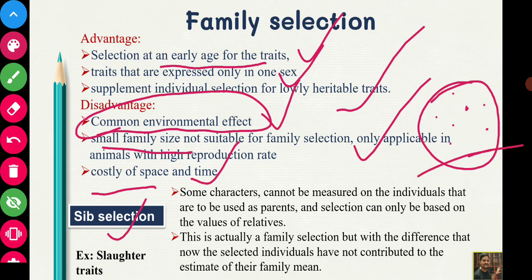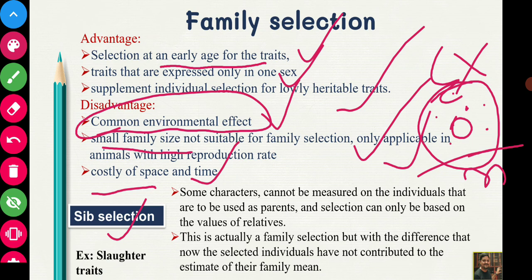Suppose the total number of individuals is n, and you got the summation x. So summation x by n is equal to the mean of the family. Now in case of SIB selection, you don't have to include the observation of that particular individual. You have to include the observation of all the relatives, but not of that particular individual.